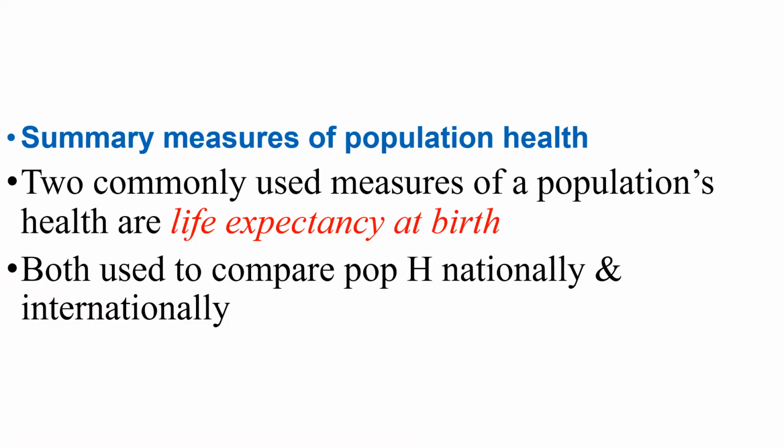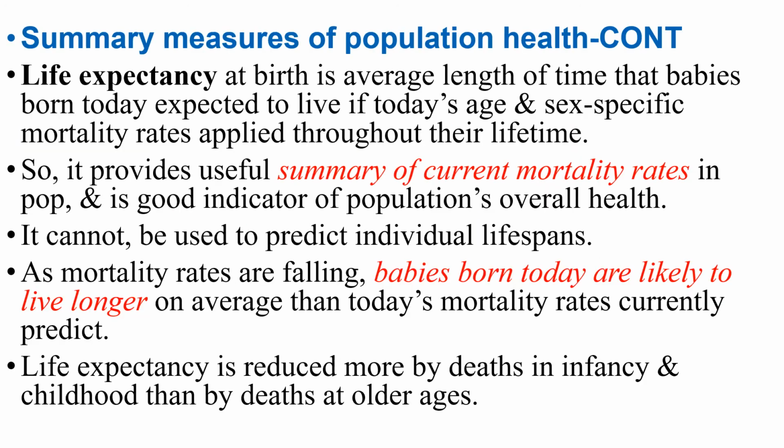Summary measures of population health. Two commonly used measures of a population's health are life expectancy at birth and infant mortality. Both are used to compare population health nationally and internationally.